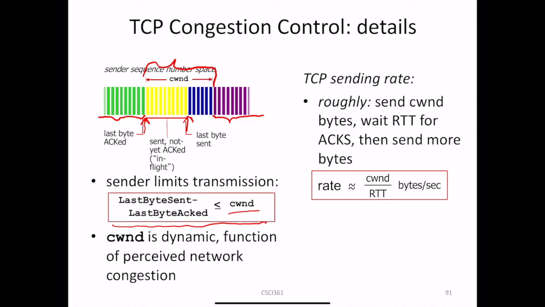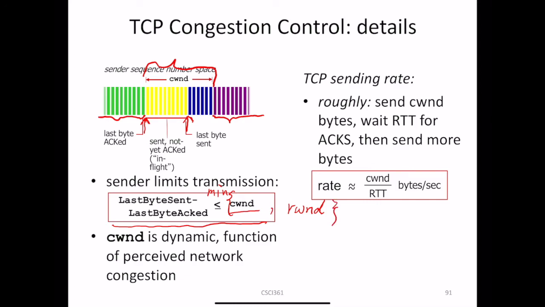However, actually there is another factor, other parameters that can affect these values, which is the RWND. I'm not sure if you still remember it. This is the window size on the receiver side. So in reality, this range is decided by the minimum of these two.